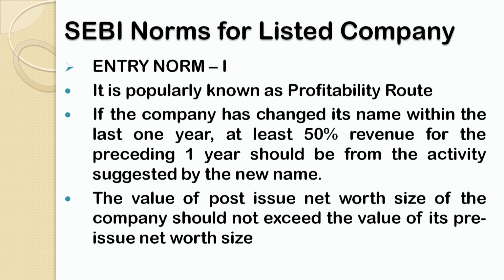Point number 2, suppose the company has changed its name within a span of 1 year, then at least 50% of the earnings must have been made by the company under its new name.